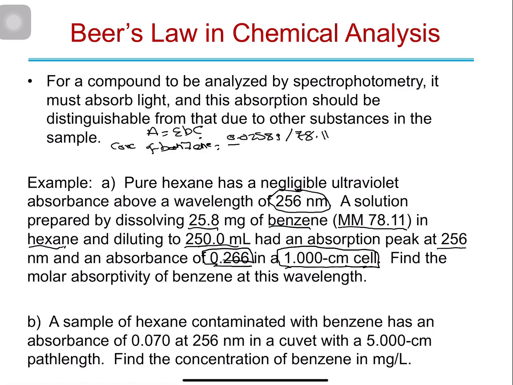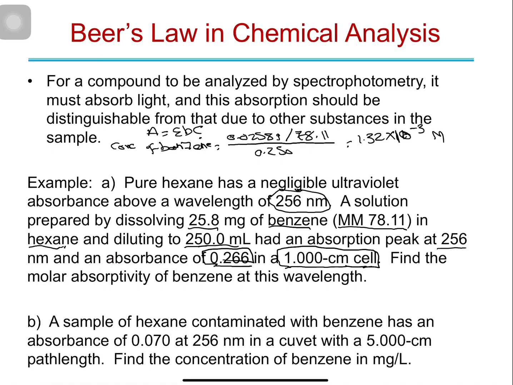But because we want to calculate the molar concentration, so how many moles per liter, we divide this by how many liters there are, which is 0.250. We will find that the molar concentration of benzene is 1.32 times 10 to the power minus 3 molar. So this is the first thing we need to find, which is the molar concentration.